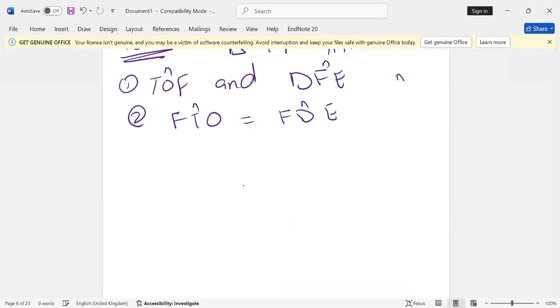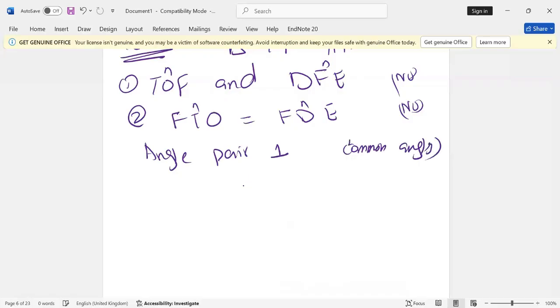Okay, so angle pair 1, common angles, we call it common angles. So this is the third point, TOF and DEF.